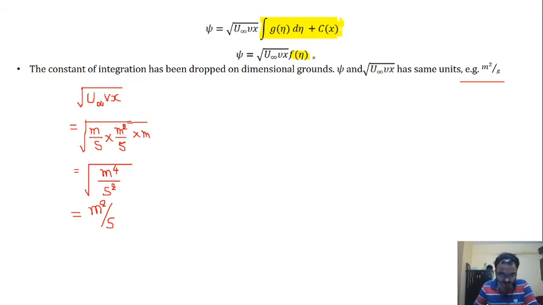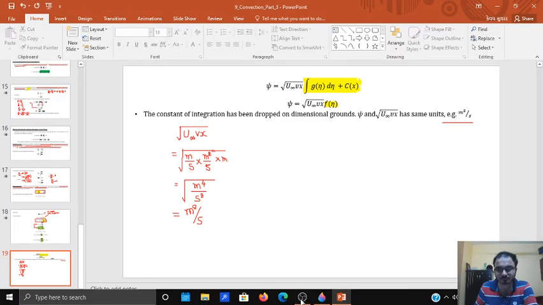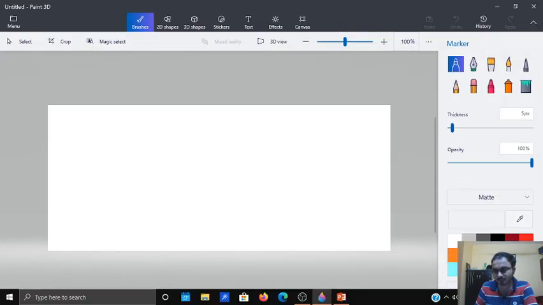And the next portion of this theory is purely a mathematical process, so we are going to do it on our virtual board. So let's begin.